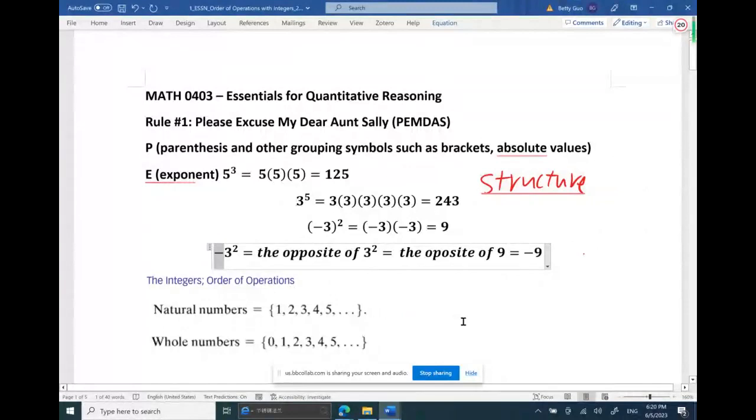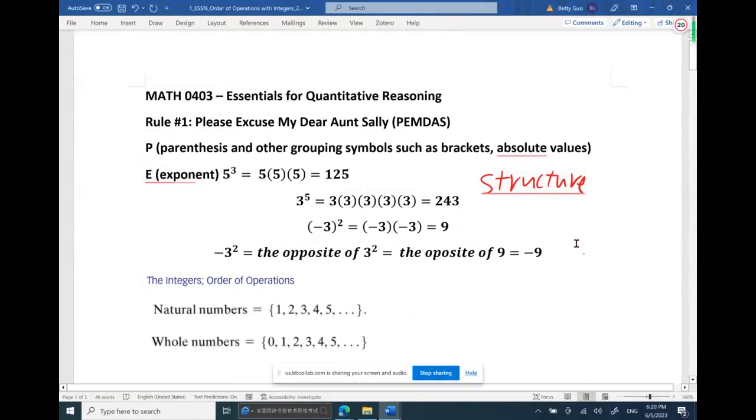Exactly. You ignore it because the power has nothing to do with the negative sign. Then you calculate what is 3 to the power of 2, 9, and then attach it back. Awesome. Is Natalia right? Yes. Very good.